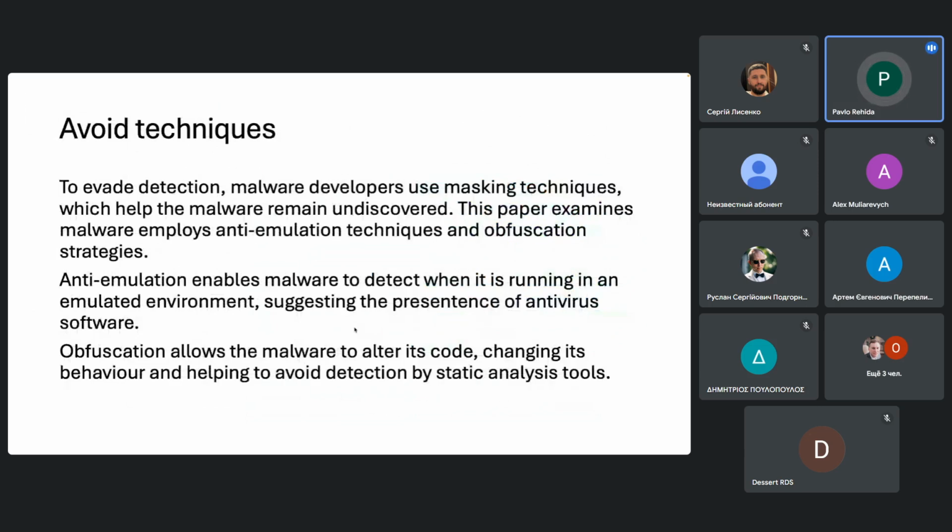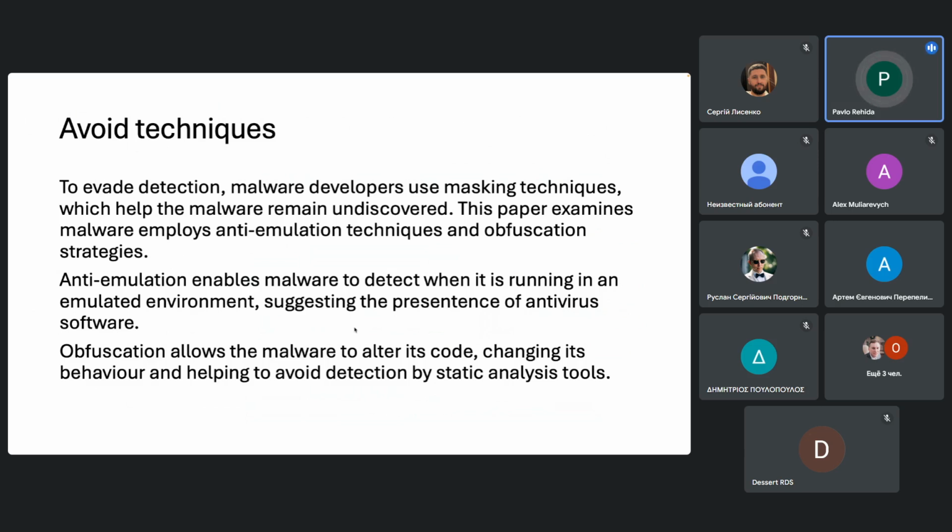To evade detection, malware developers use masking or evasion techniques, which help the malware remain undiscovered. This paper examines malware that employs anti-emulation techniques and polymorphism. Anti-emulation enables malware to detect when it is running in an emulated environment, suggesting the presence of antivirus software, which causes it to stop doing some malicious actions.